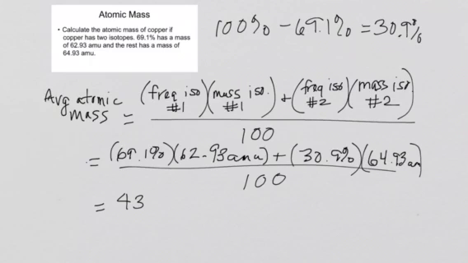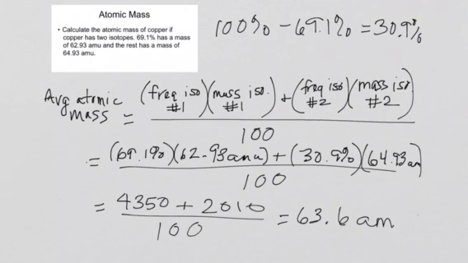So when I take the 69.1 and multiply it by the mass, I get a properly rounded number with 3 sig figs of 4350. And then this value over here is also going to have 3 sig figs when I'm done. And so that number ends up getting rounded to 2010, and that's over 100.